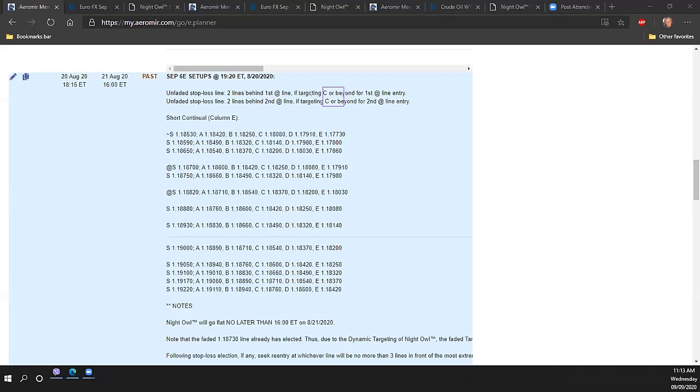And if that move does occur, then Night Owl considers its job done for the day, and either you can take your exit at the target Charlie, or you can trail a stop. I always advise Night Owl traders to trail a stop on at least a portion of their nightly position.